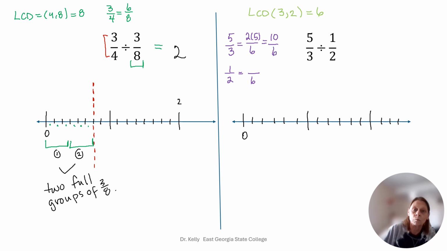Which we knew was more than 1. And then 2 times 3 equals 6, so 1 times 3 will give us 3/6. Okay, so let's model out our 10/6. So that's 6, 7, 8, 9, 10. Here we are at 10/6.